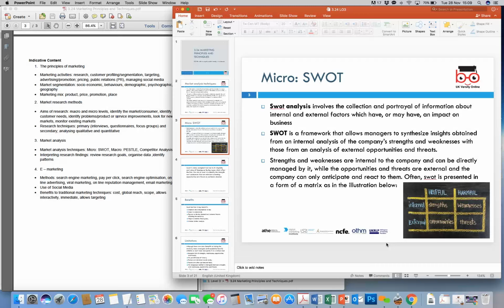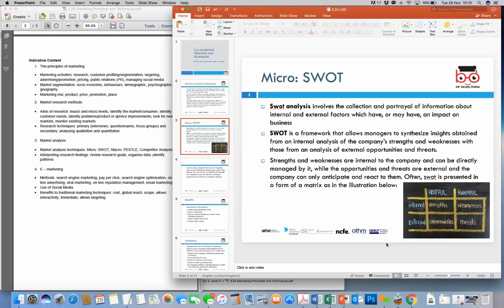And in this case, if you end up using a market analysis technique like a SWOT, what you're going to be doing is understanding the strengths and weaknesses of UK or Britain as an economy, and what could be the opportunities or what could be the threats that it could face when it leaves the European Union.